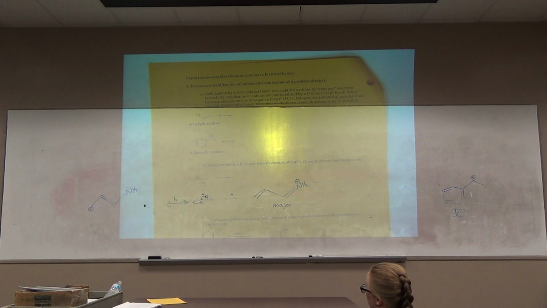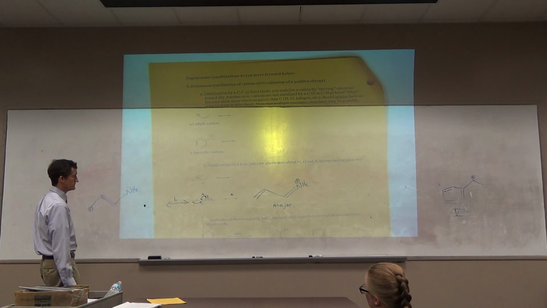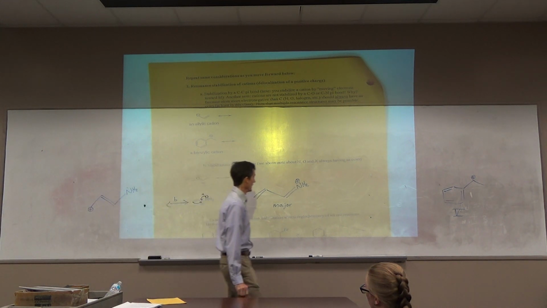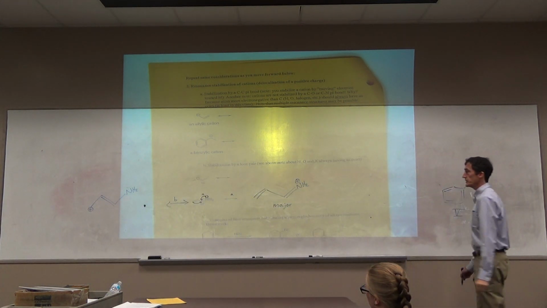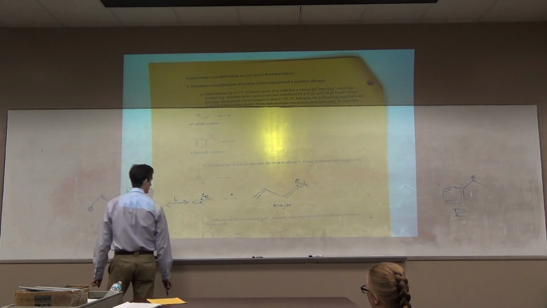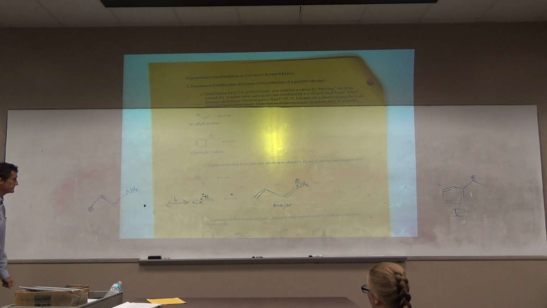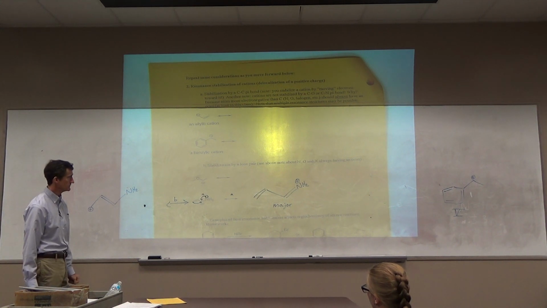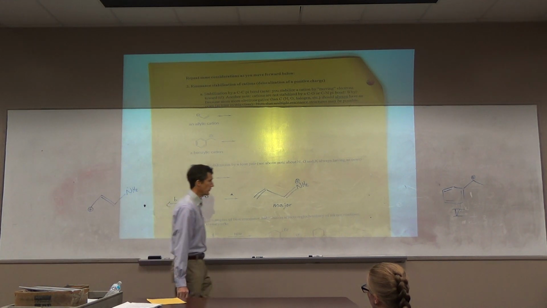And a larger percentage of the positive charge is actually sitting on the nitrogen. Number of p orbitals. How many p orbitals do we have here? Four, yeah. Pi electrons. Four.